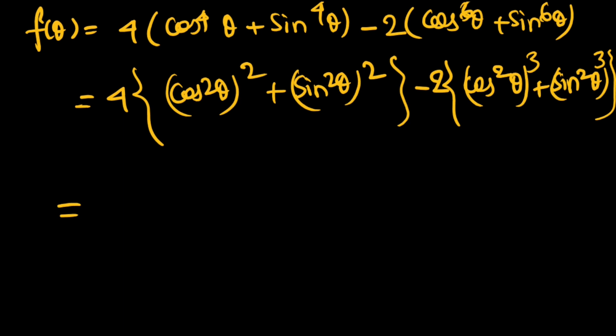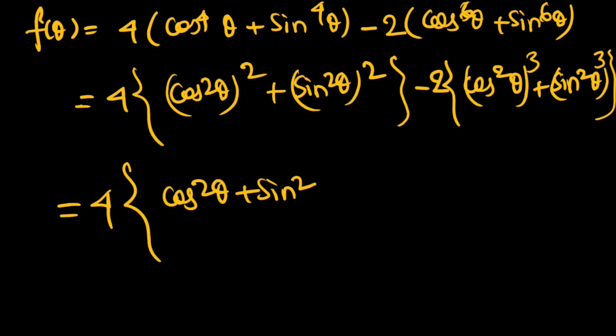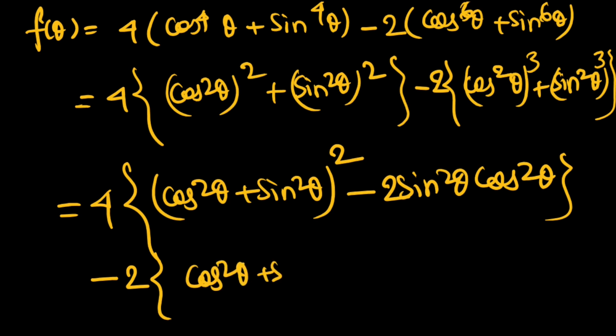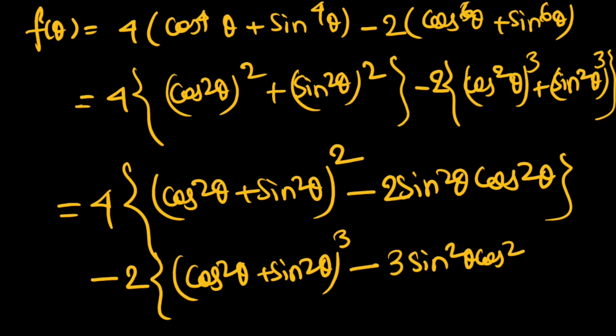So now we use the formula a square plus b square, that is (cos square theta plus sine square theta) whole square minus 2 sine square theta cos square theta, and a cube plus b cube is (a plus b) whole cube minus 3ab(a plus b). So (cos square theta plus sine square theta) cube minus 3 sine square theta cos square theta into (sine square theta plus cos square theta).